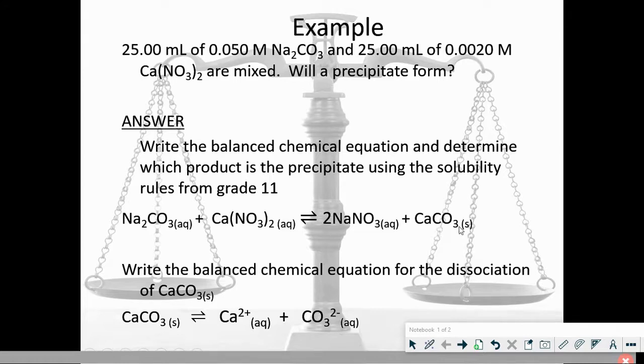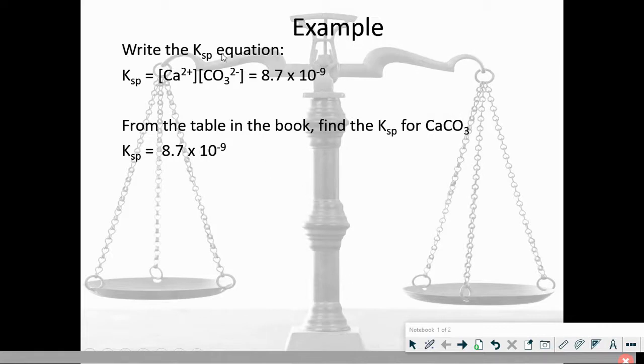Then, using this solid, you will write a balanced chemical equation showing the dissociation of calcium carbonate into its two ions, calcium and carbonate. From here, you will write the KSP equation. So this is exactly the same as what we've been doing earlier in this lesson. You will go to the table in the back of your textbook and look up the KSP for calcium carbonate. It happens to be 8.7 times 10 to the power of negative 9.